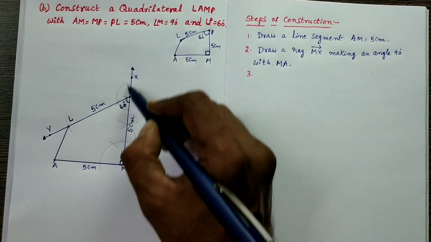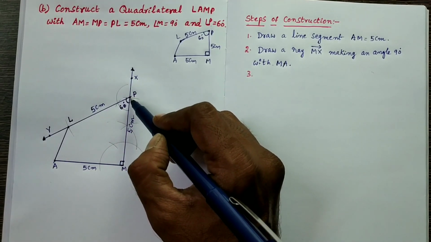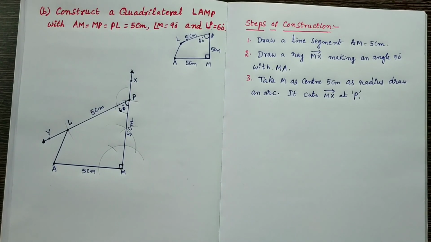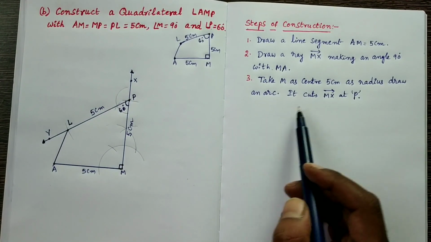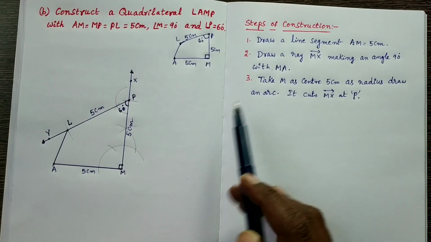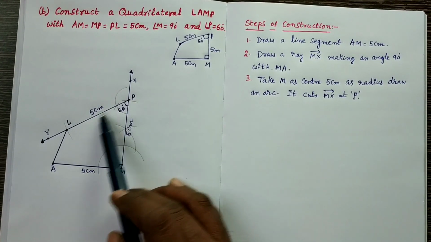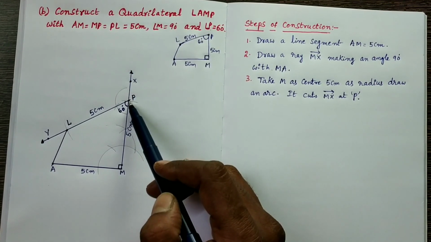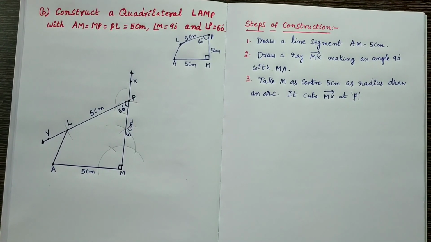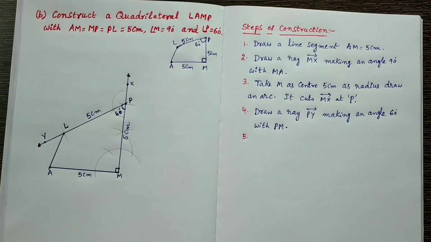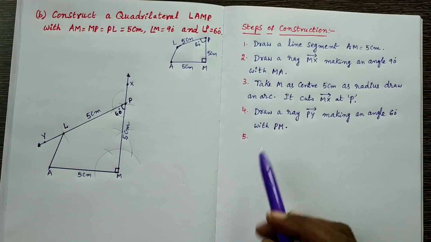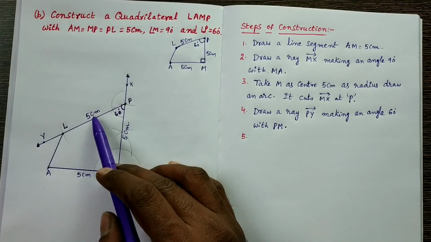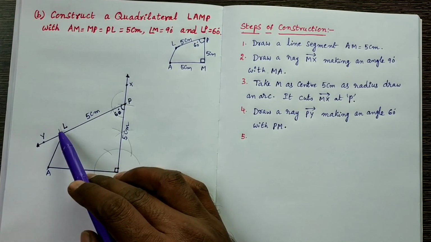It cuts the ray MX at P. Fourth step is draw a ray PY making an angle 60 degrees with PM. The next step is take P as center, 5 centimeters as radius, draw an arc.